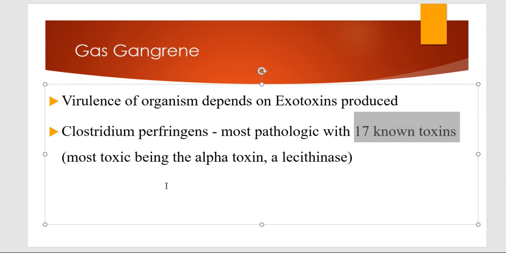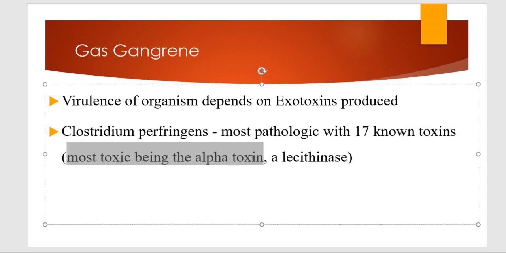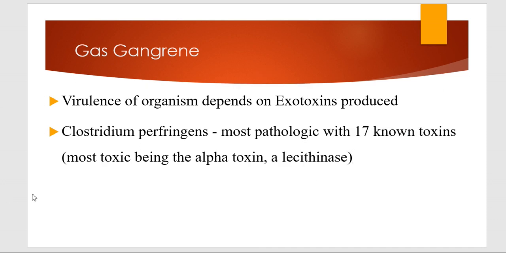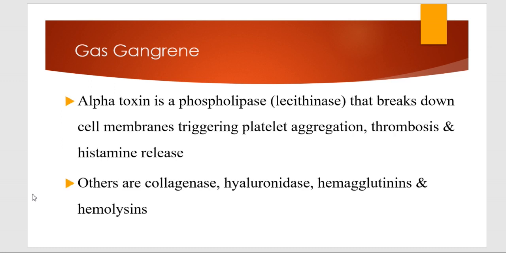Out of these 17 known toxins, the most toxic is the alpha toxin, a type of lecithinase, right? The alpha toxin is a phospholipase lecithinase that breaks down cell membranes and triggers platelet aggregation, thrombosis, and histamine release. This platelet aggregation and thrombosis leads to vascular compromise. Again, it adds to the formation of gangrene.